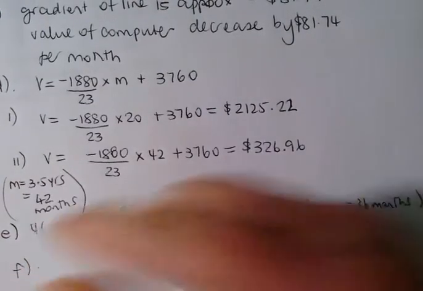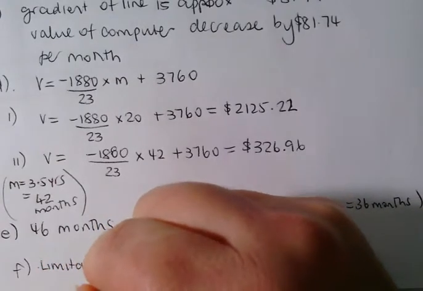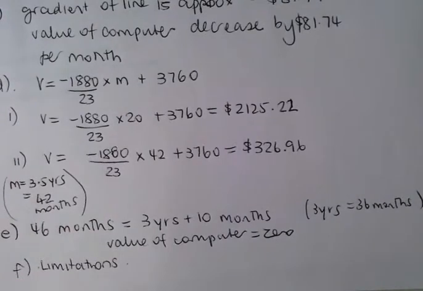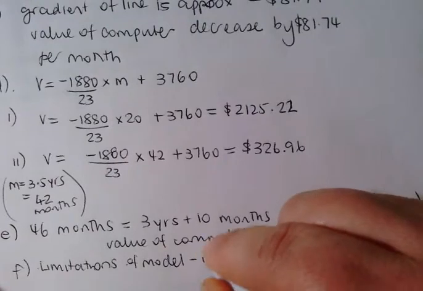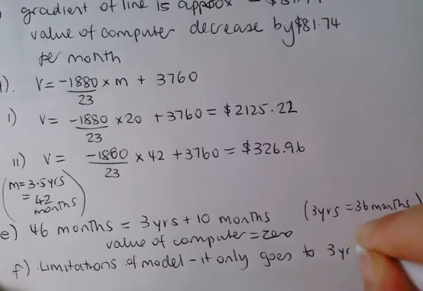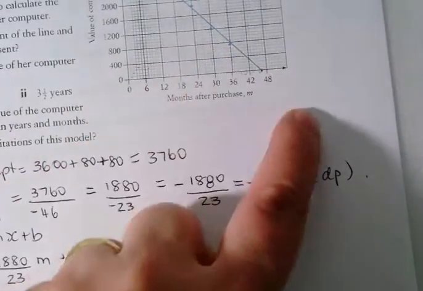And part F, what are the limitations of the model? The limitations of the model are that it only goes to 3 years, 10 months. If we were to continue that, you'd end up with negative values.